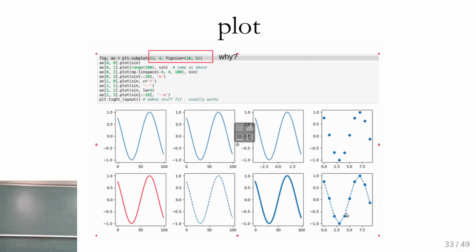So it's rows, comma, columns, but width, comma, height. And it has been confusing me ever since. I should ask the Matplotlib maintainer why they do this to me. But it probably wasn't him, it was MATLAB. Anyway.